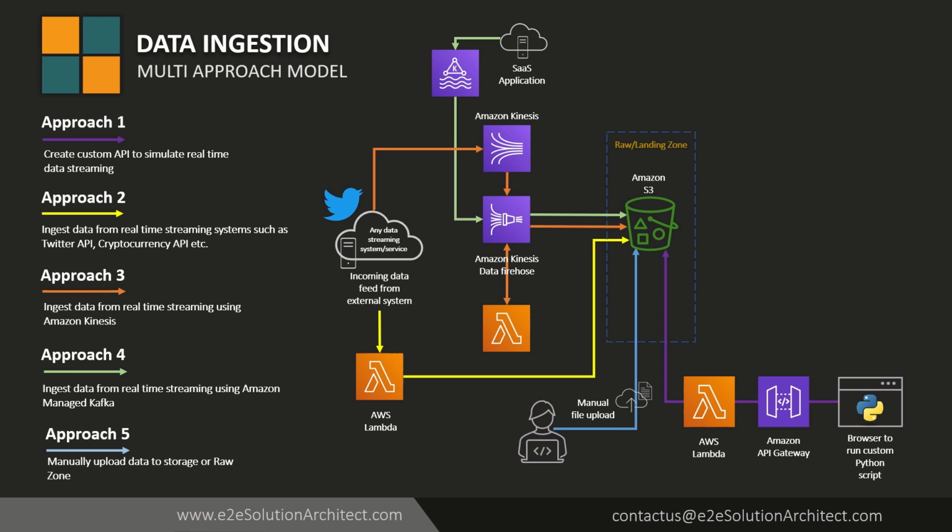Similarly, approach 3 is real-time data streaming using Amazon Kinesis. The next one is with Amazon managed Kafka. And the fifth one, we all know, is just uploading data manually into your S3. So there are 5 approaches so far. In this session, we have completed approach 1 only.